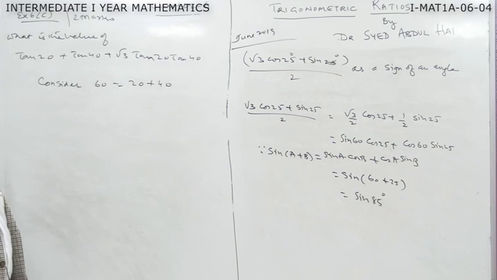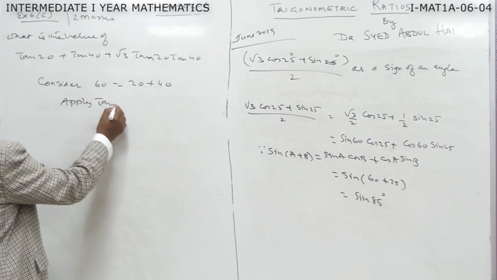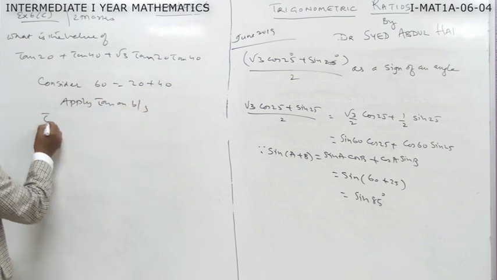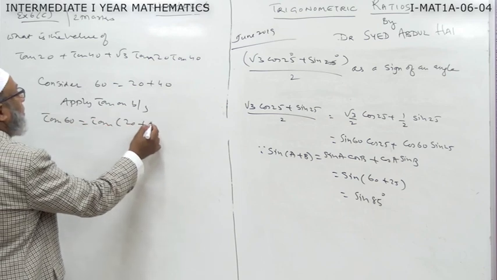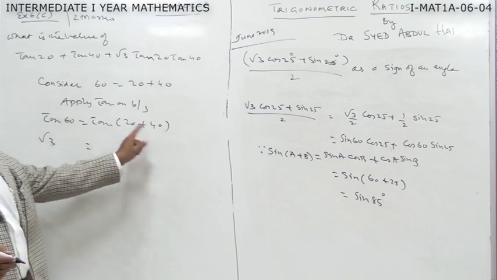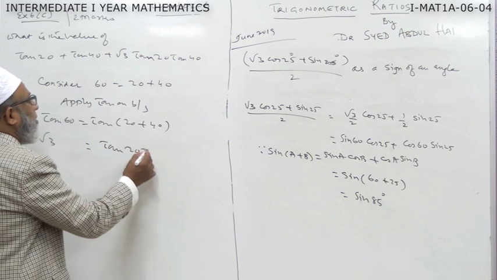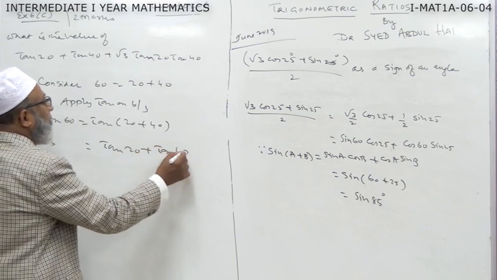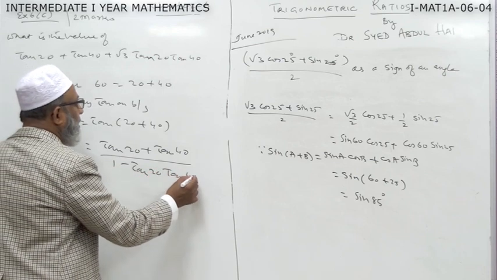Can I write like this? 60 is equal to 20 plus 40. Apply tan on both sides. Tan 60 is equal to tan of 20 plus 40. Tan 60 is root 3. Tan 20 plus 40 is the form of tan of A plus B: tan A plus tan B by 1 minus tan A into tan B.